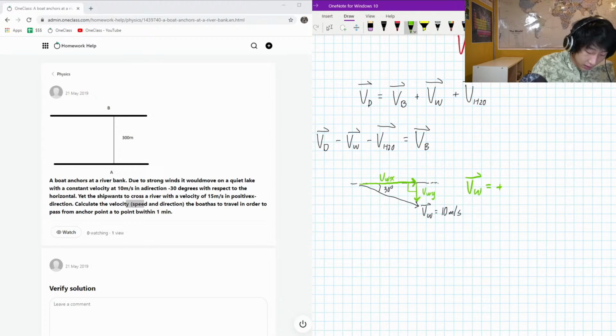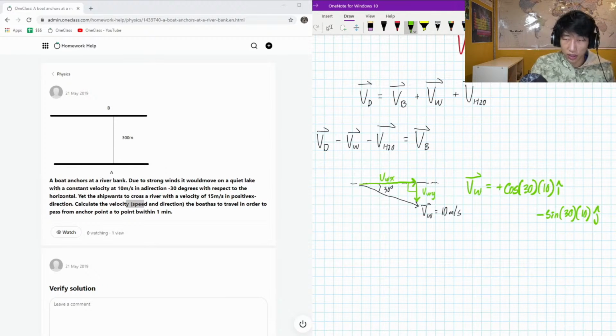That's going to be positive cos 30 times 10 in the I direction, my bad. And then in the j direction, we're going negative, so we got to have a negative term out here. And if we use cos for one, we're going to probably use sine for the other. And you can double check that. I know for a fact that's got to be right. Times 10 in the j direction.